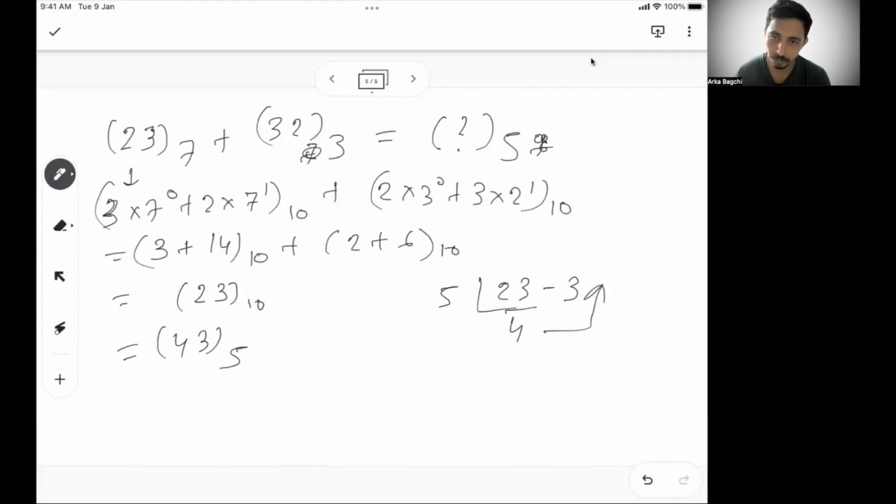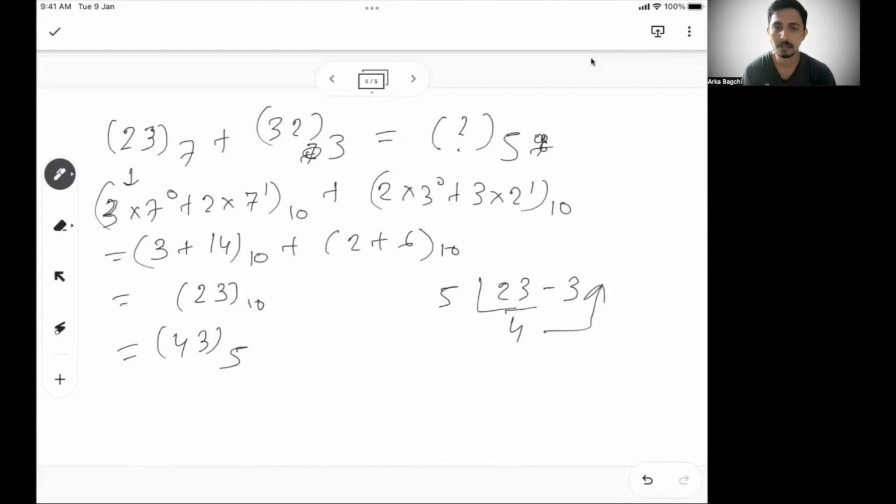The most prudent way is to convert all the base systems into decimal, do the operation, addition, multiplication, subtraction, division, whatever you want, get the final value in the decimal base system, and then convert back to the base system that has been asked in the question. That's the most prudent way of doing it.